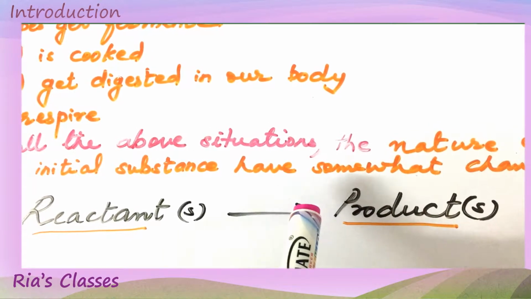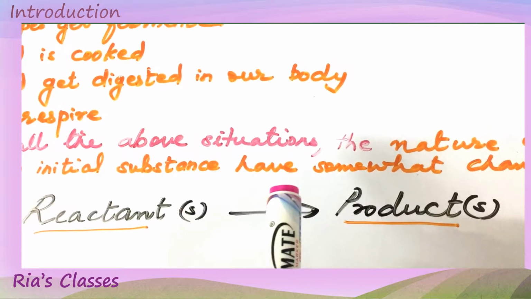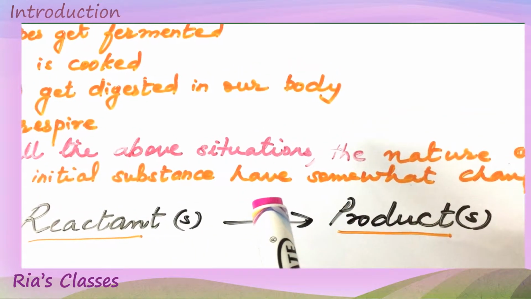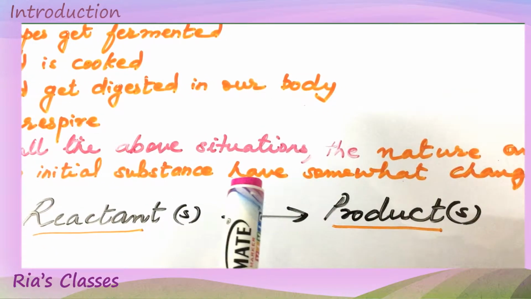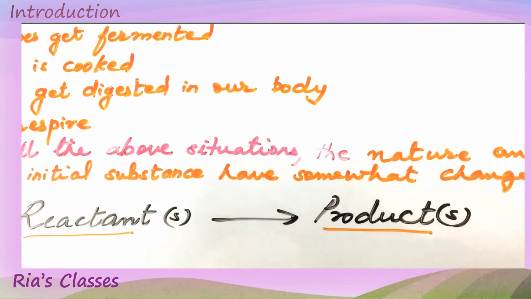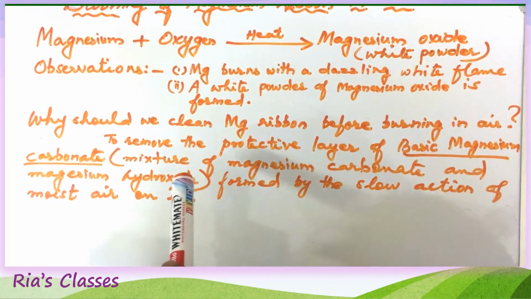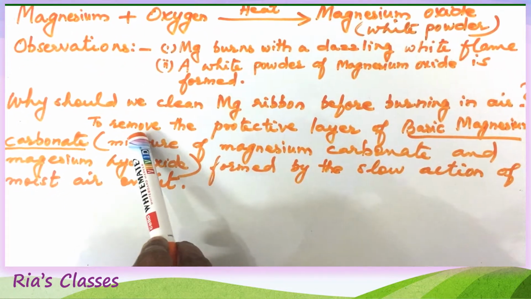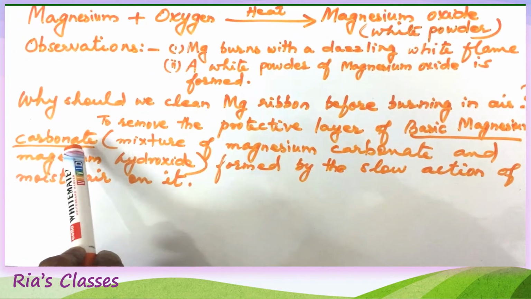Let us see what happens when we burn a magnesium ribbon. All of you might have seen magnesium ribbon in the chemistry laboratory. Before we burn it, we have to rub it with sandpaper. Why? We rub the magnesium ribbon with sandpaper to remove the protective layer of basic magnesium carbonate.